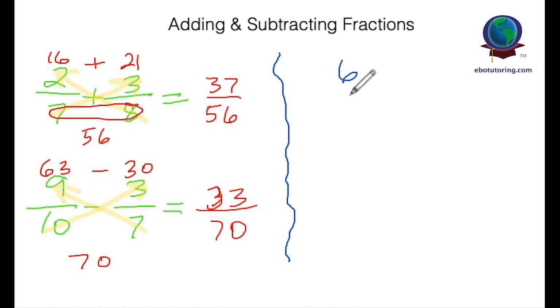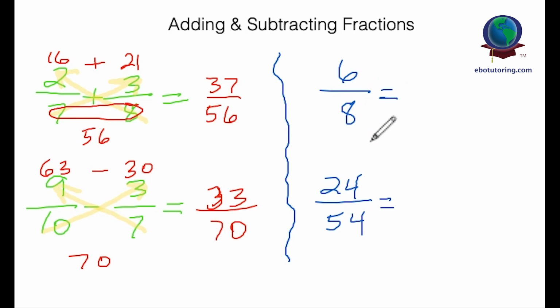So I have two fractions here that we can think of, 6 over 8 and 24 over 54. Now, there's many ways these come, but I'm just going to show you how to do these two ways. First of all, when a fraction is reducible, all you got to do is look at the top and the bottom of the fraction, let's try 6/8, and think, what number can be divided into both 6 and 8?